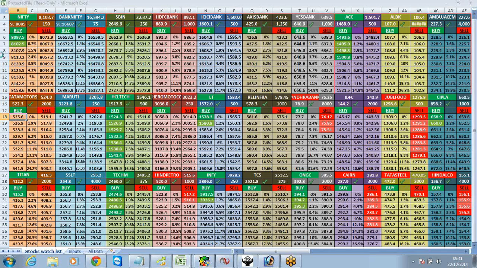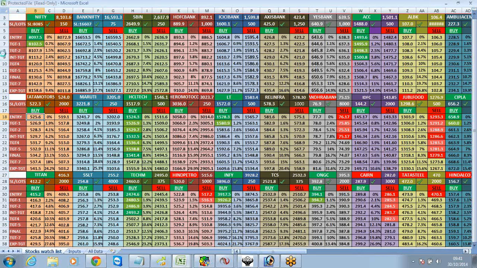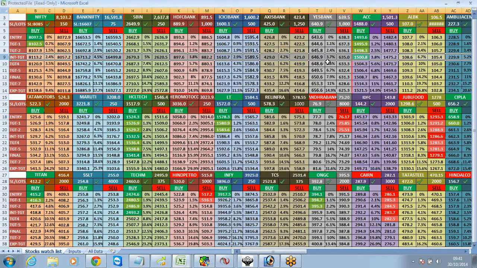So just review that Nifty is at target 1 now. So LNT, you can just see that it has made its intermediate target, that is 1501 now. So these are the intermediate target levels.